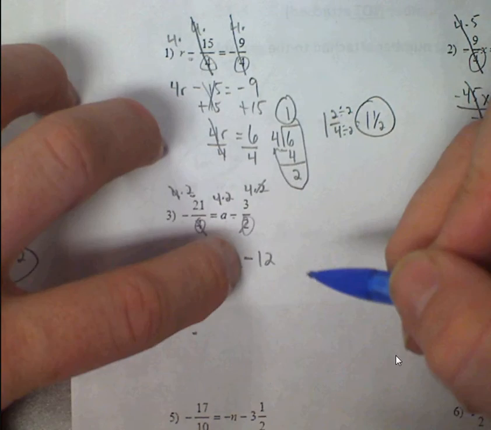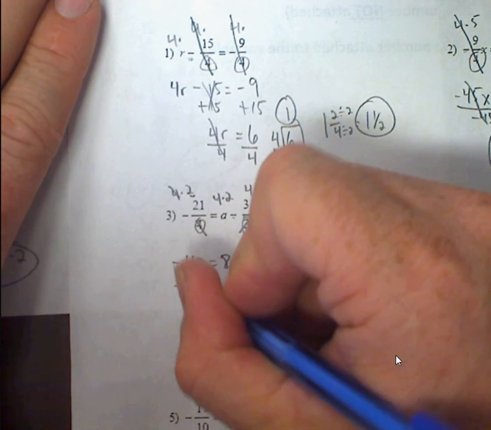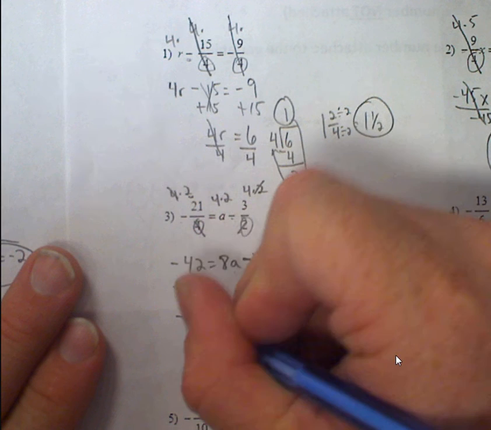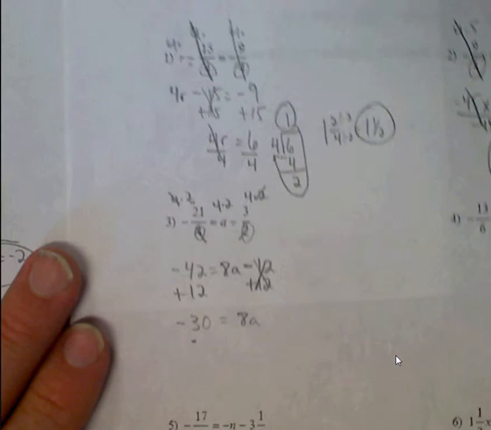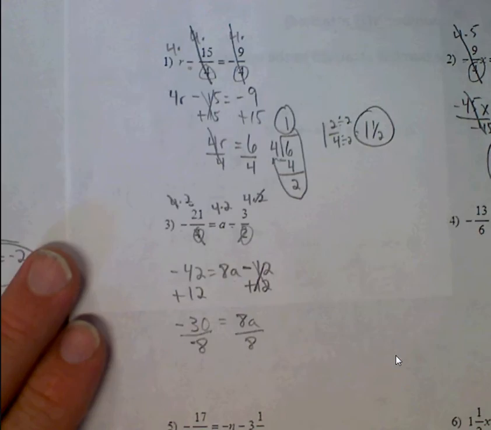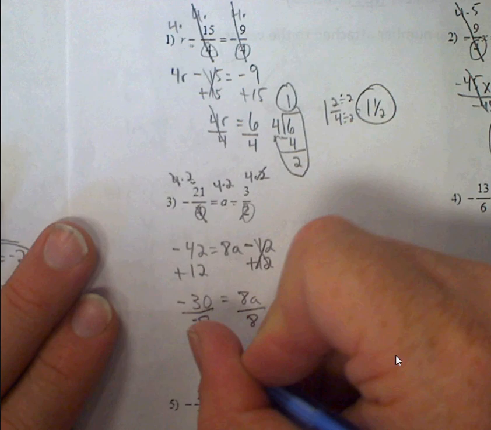I need to get rid of my constant. Step 5, add 12, add 12. That gives me negative 30 equals 8a. Divide by 8, divide by 8. Top number is bigger, so I'm going to go ahead and do top in, bottom out.